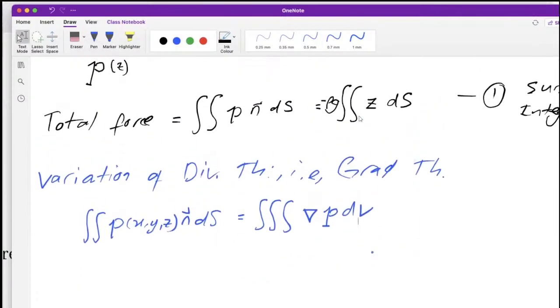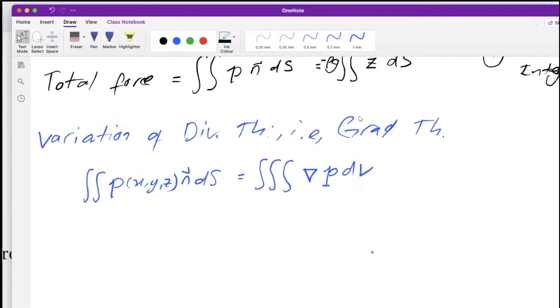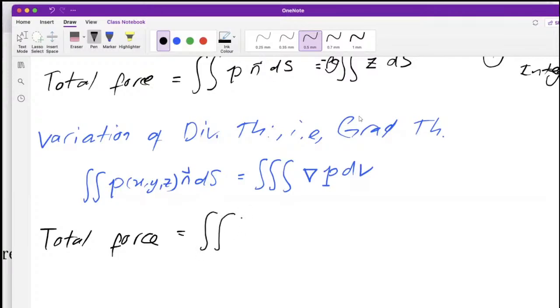So that means we can define the total force that we want to find using this triple integral of the gradient of P dV.